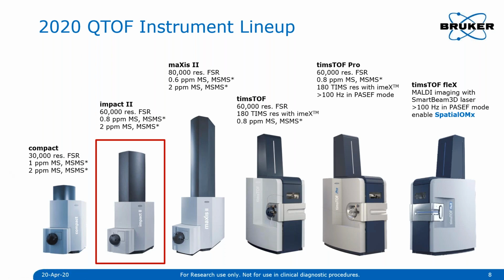Starting from the benchtop called Compact on the left with resolution of 30,000 to Maxis II with resolution of 80,000. And of course, 3 different models of timsTOF instruments right here. And we will talk about them in detail later in this presentation. The newest timsTOF, fleX, was introduced last year and combines conventional ion spray source with MALDI for special omics applications.